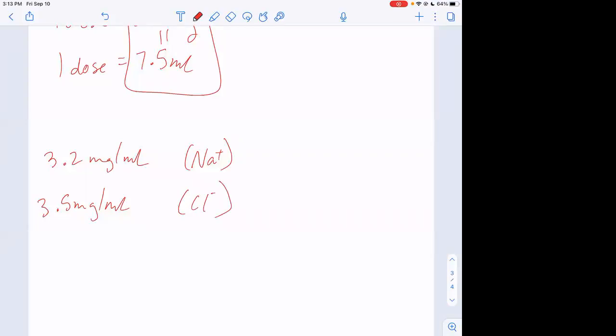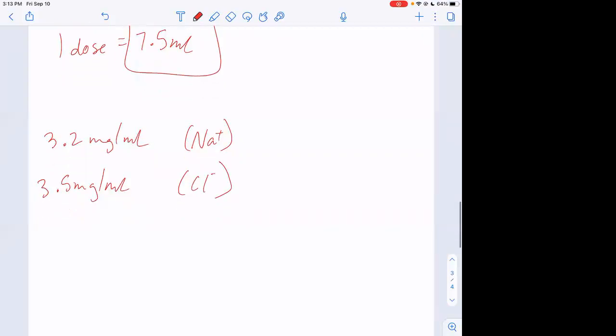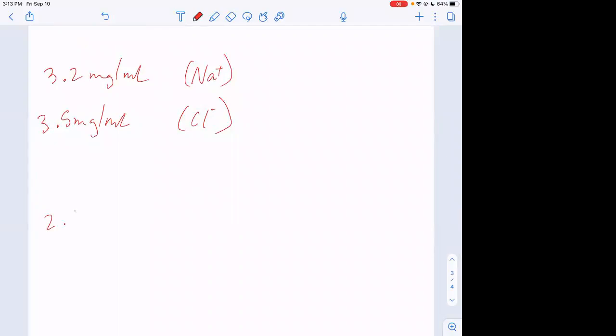How many milliliters of blood do you need to get 2.8 grams of sodium? You'll work that one probably the same way. We'll do this first part and see.